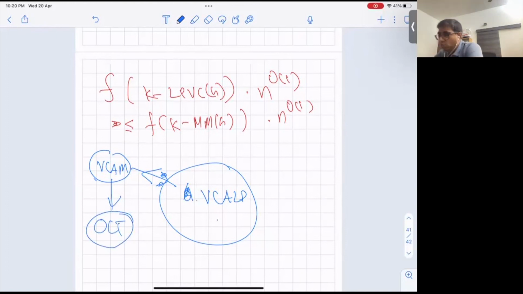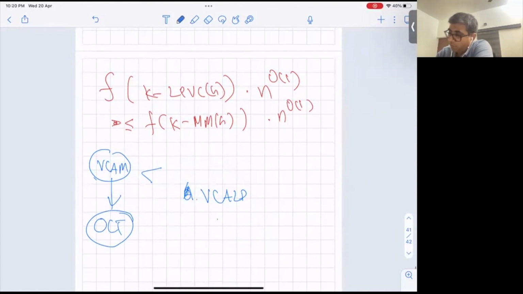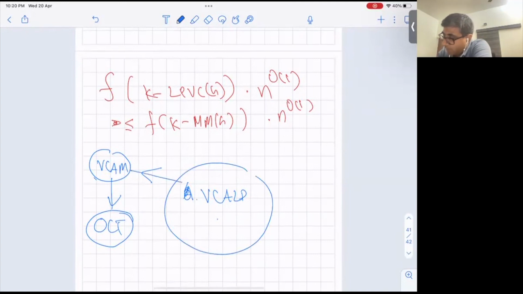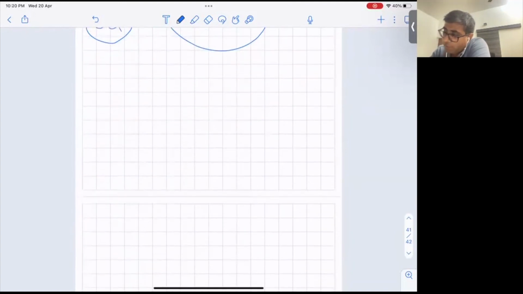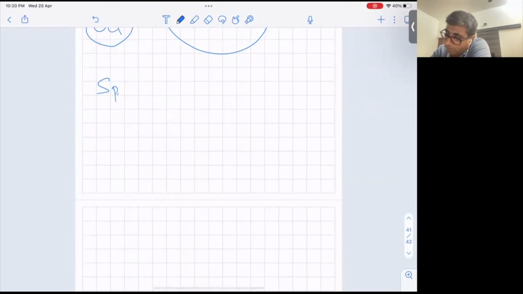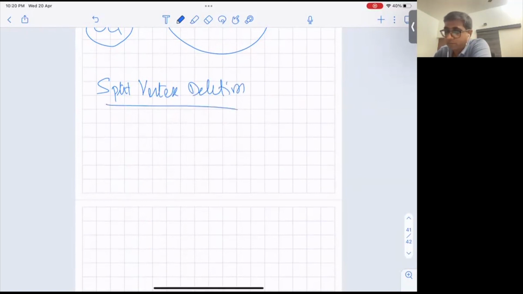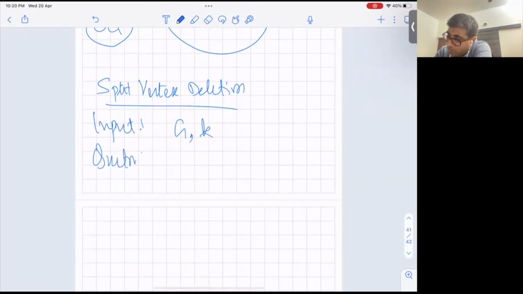What about split vertex deletion, the problem we started with? Remember the graph class we were considering. The split vertex deletion problem: the input is G and k, and the question is, does there exist a set S, a subset of V(G), such that G minus S is a split graph?